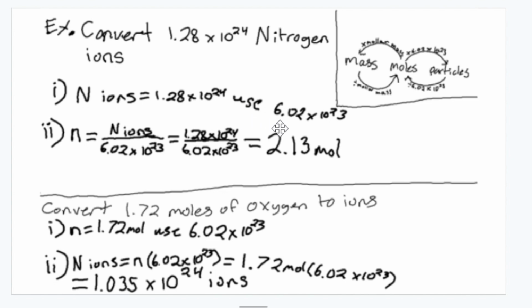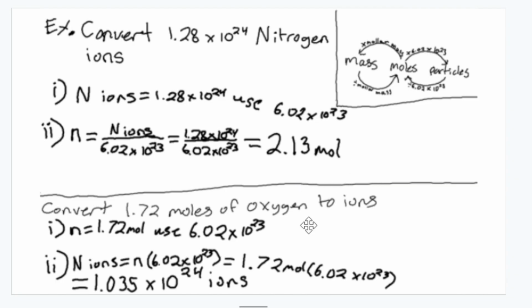We are going to have to use Avogadro's number, which is provided right here. The equation for finding moles of particles is n equals nitrogen ions, or whatever particle you're using, divided by Avogadro's number. We plug in our numbers and our answer would be 2.13 moles.